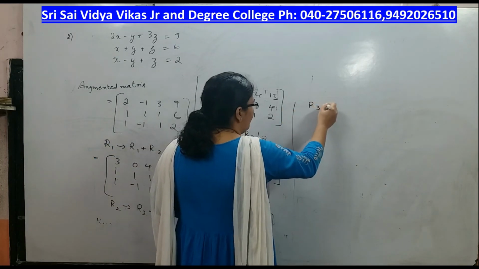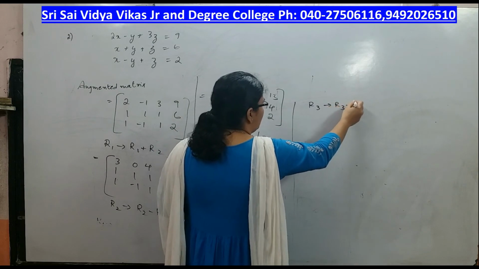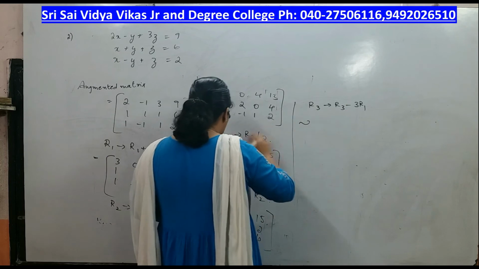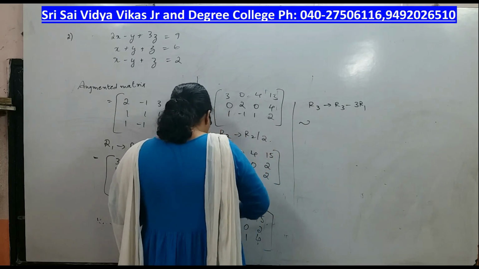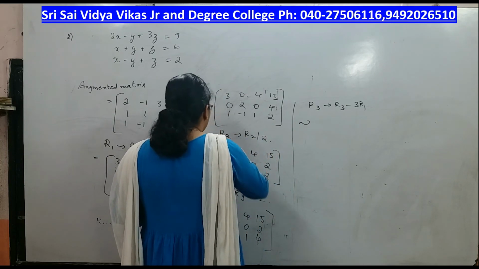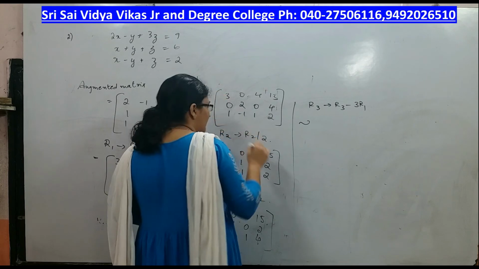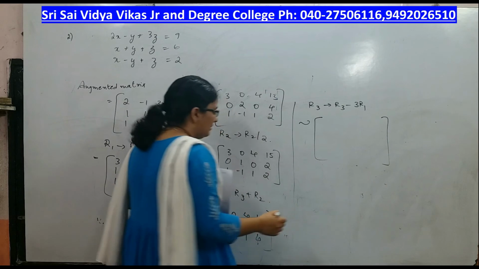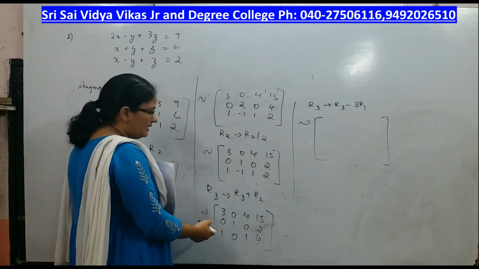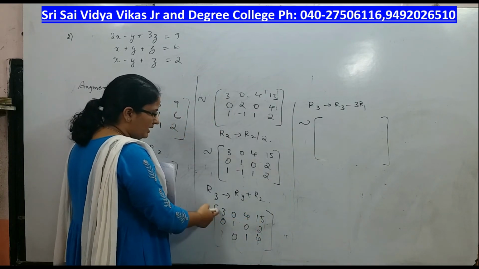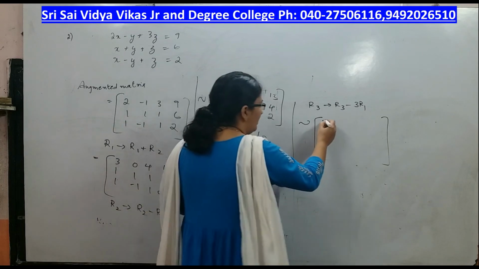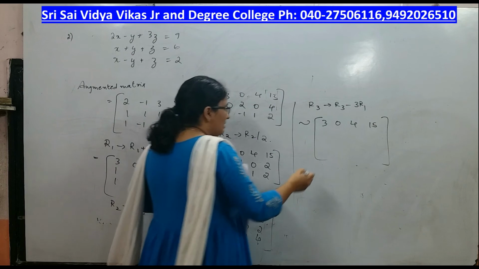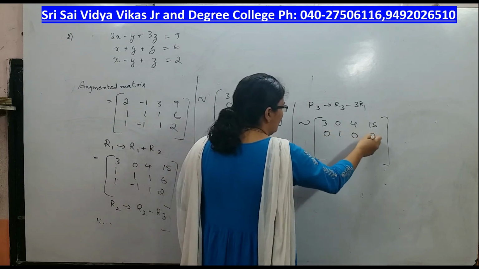What do you get for this? R3 changes to R3 minus 3R1. So here you get 3, 0, 4, 15, 0, 1, 0, 2.